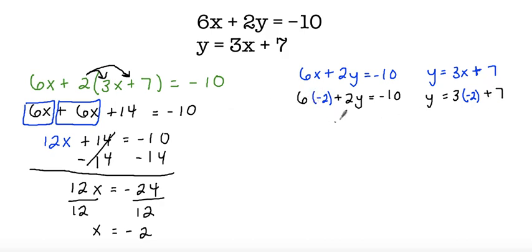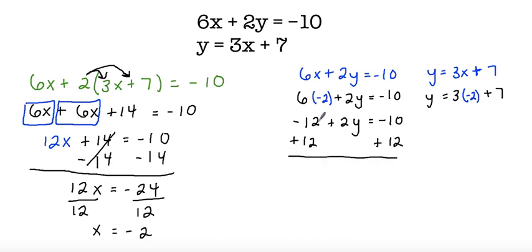So 6 times -2 is -12. Plus 2y is equal to -10. So we have to add 12 on both sides. So 2y is equal to -10 plus 12 is +2.